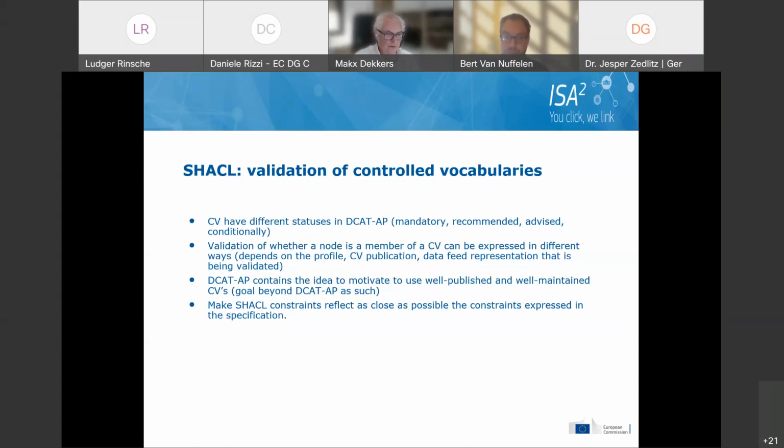Okay, so on this validation of controlled vocabularies, you know that we have different levels of advised usages of controlled vocabularies. We have ones which are really mandatory, some are recommended. Some are a little bit more advised or conditionally to be used in some cases.